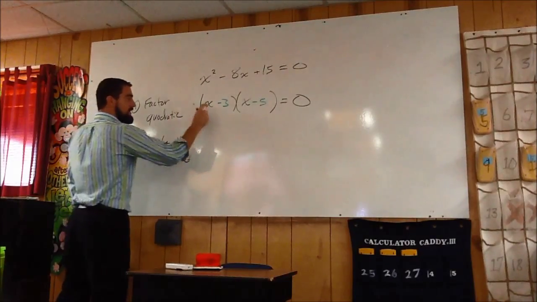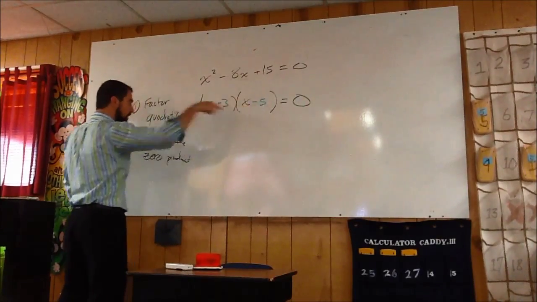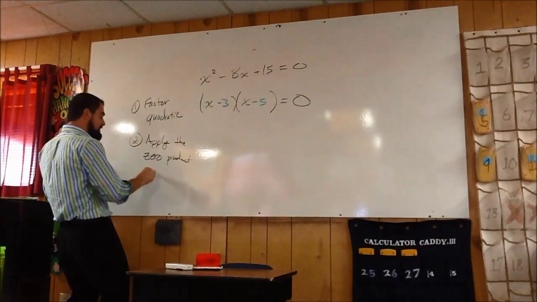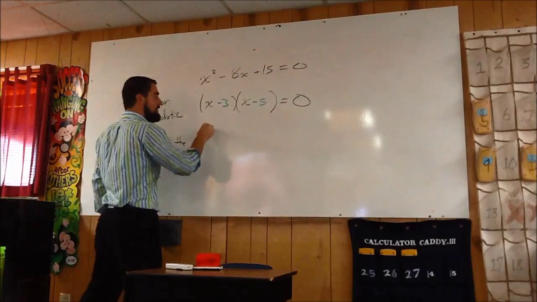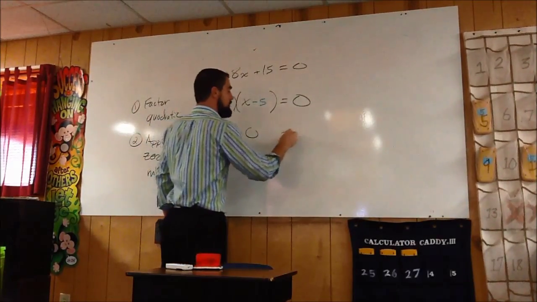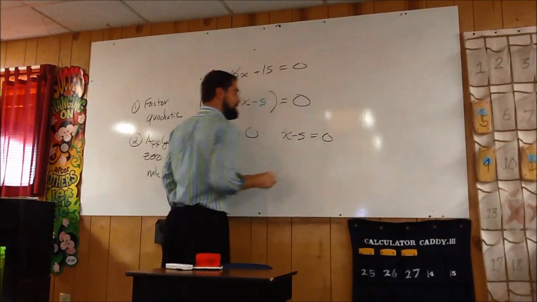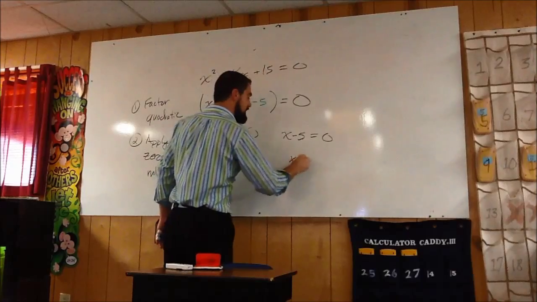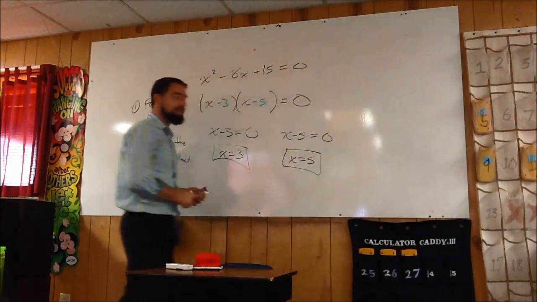Which means, since I know that this binomial times that binomial is 0, one of them has to equal 0. So we're going to separate and break up and set these two binomials equal to 0. So I've got x is positive 3 as one of my answers, and x is positive 5.